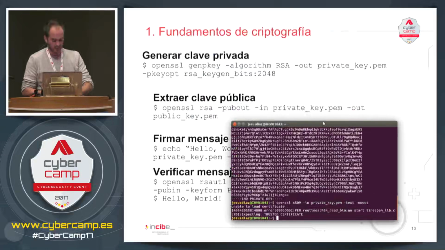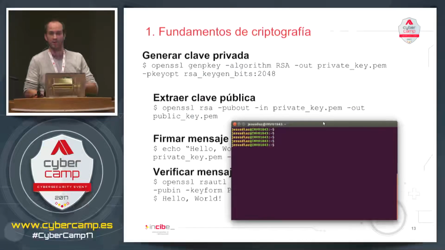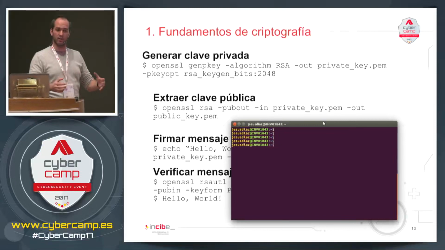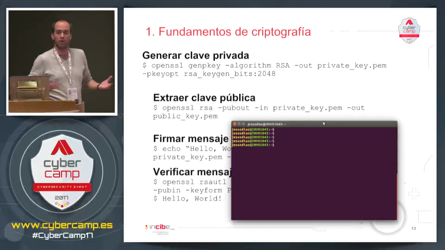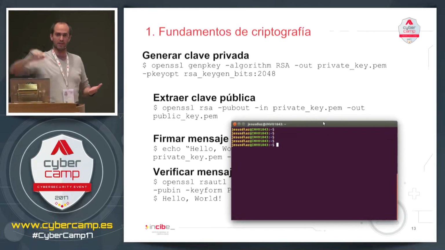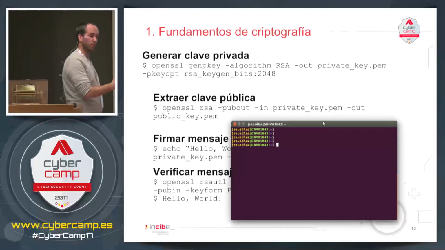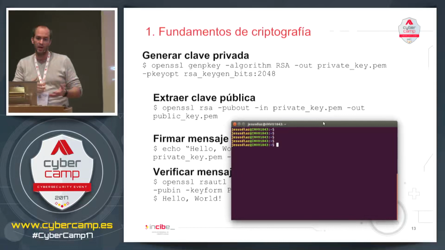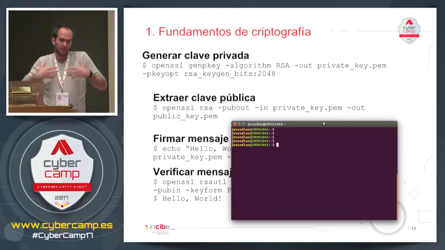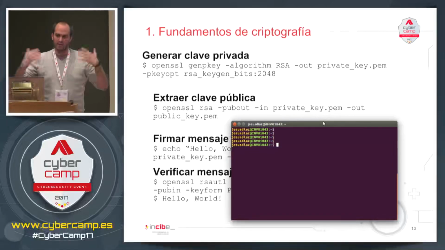I generated the private key. It's good for me, but I can't send it to others. I have to extract the public key from the private key. I can get it easily. It's quite logical, because the private key contains all the information that is necessary, out of which you can derive all the rest. In the other direction, it's not reasonable, because the public key is public, because I can send it to anyone.